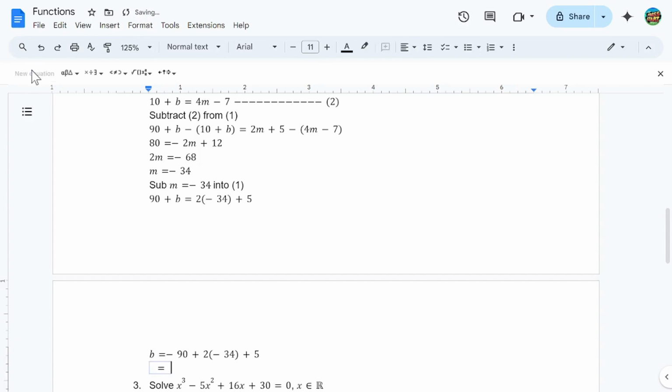So it will give us negative 153. So we have found b and m already.